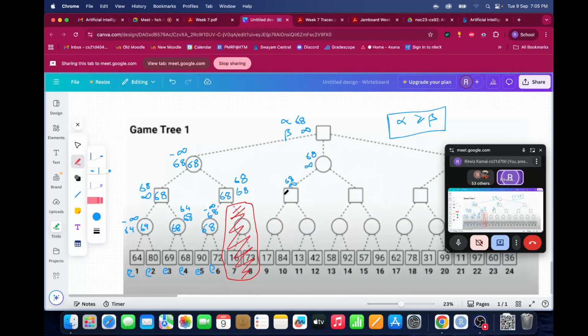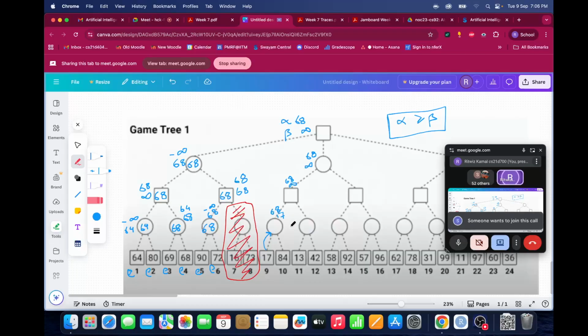Now E9 will return a value of 17 to this min node. 17 is less than plus infinity, so the beta value will be updated to 17.